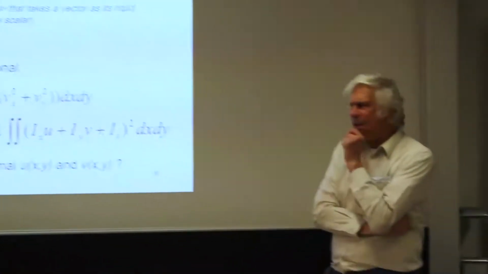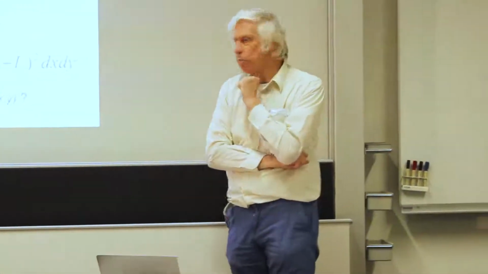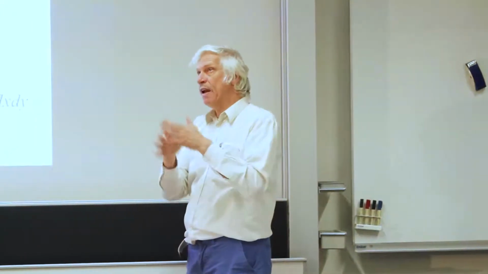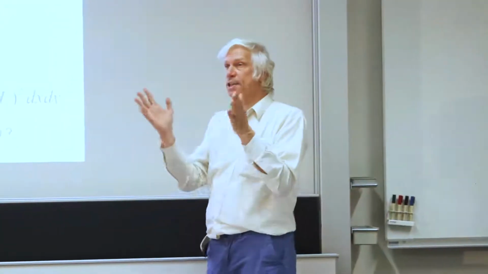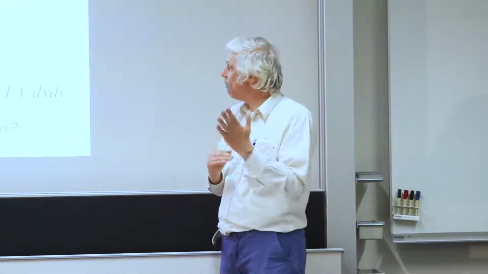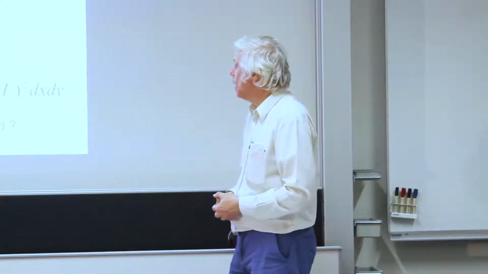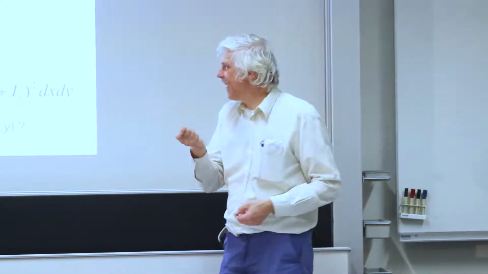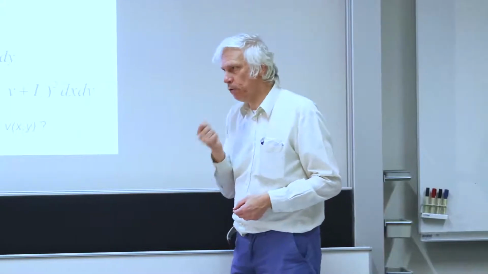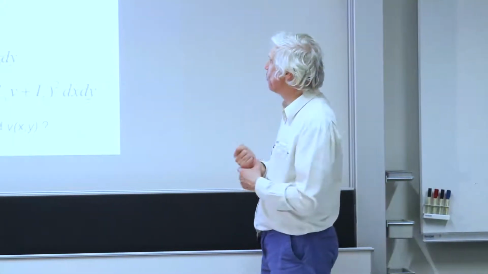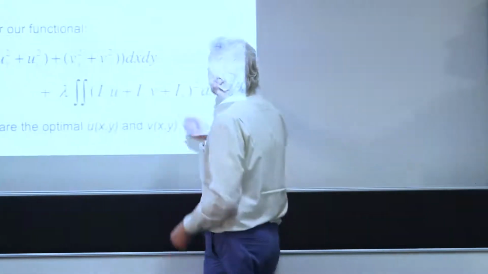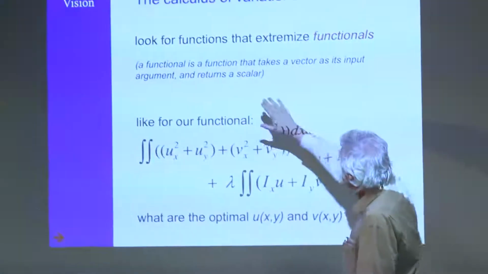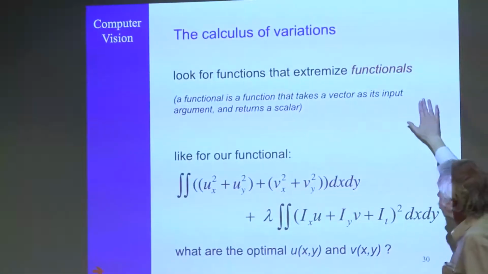Now what makes it slightly more complicated than a typical optimization problem is that this is not just a problem of, let's say, a function f of x and then trying to find the x where f will go extremal. No, because what we have to find is not a scalar where we get an extremum, but a function for which we get an extremum. So that's why we say this is a problem of calculus of variations.